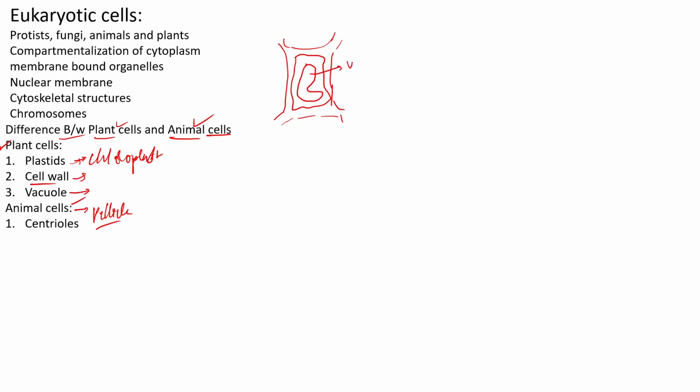This is called the vacuole. Around 90% of the plant cell's space is occupied by the vacuole itself, so it is a very big and dominant structure in plant cells, but you don't observe such vacuole-like structures in animal cells.